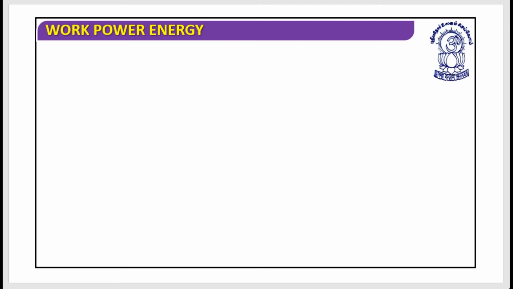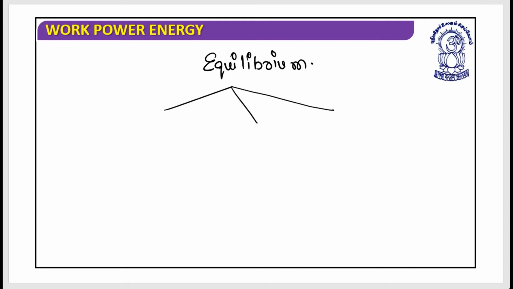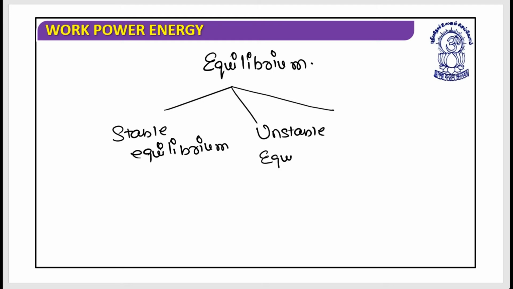Generally three equilibriums could be there, but we are going to discuss two on a primary basis. One is the stable equilibrium, another is the unstable equilibrium, and one more is the neutral equilibrium.